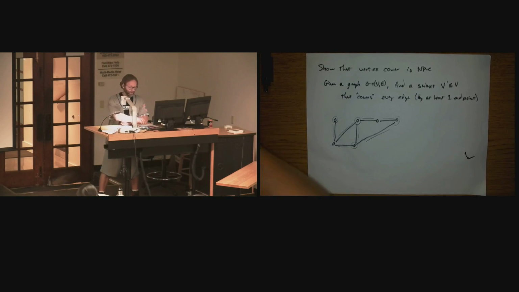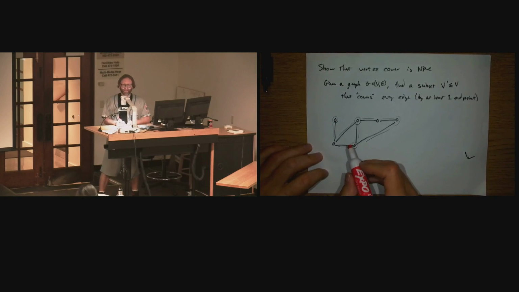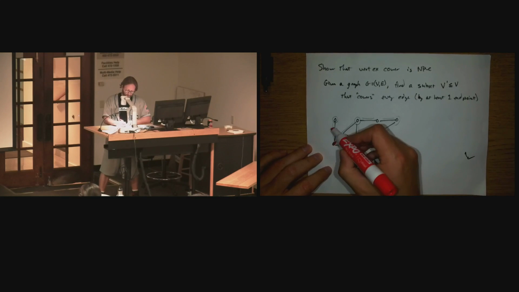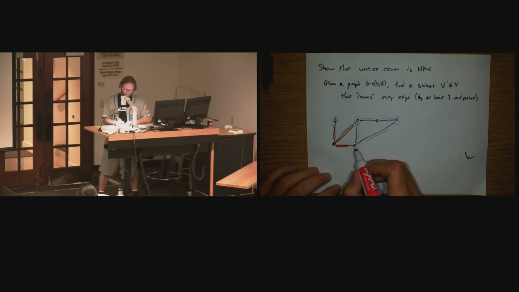I'll trust that you're giving me the optimal one here because I'm going to use it in pen, so I can't erase it. Instead of picking the bottom right one and the top left one, you just pick the bottom left one. All right, that covers this, this, and this. I still have some other things that are uncovered, though. Then you could pick the same one that you did for the first one.